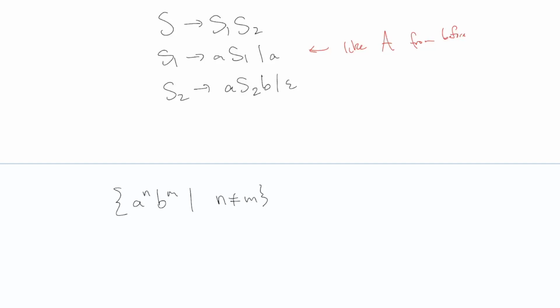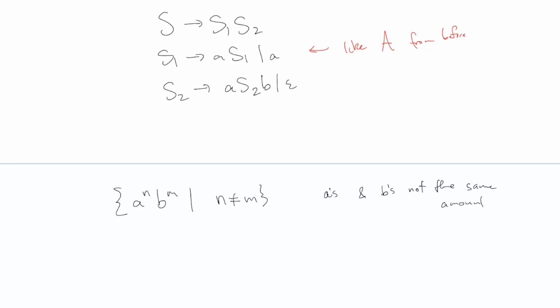Anyone have a thought about this? Actually, this one can be expressed as a union. It's not obvious to think of it in that way, but anybody agree with me? Can you think of this as a union of something? So in this case, the A's and B's are not the same amount.